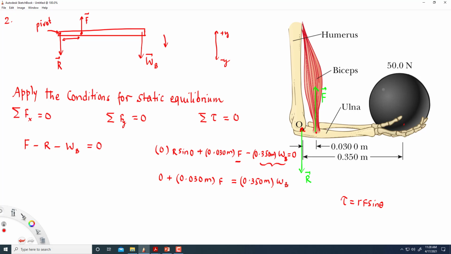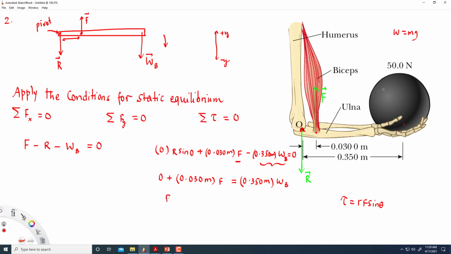W is mg, but since the weight is given, we don't even need mg, we can just plug in the number here.